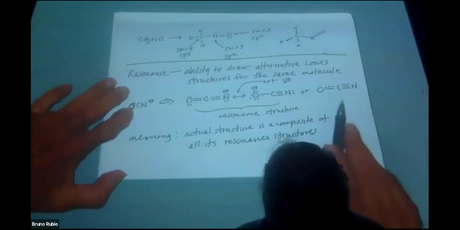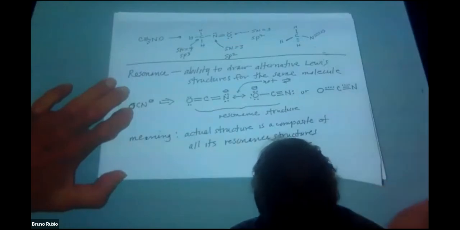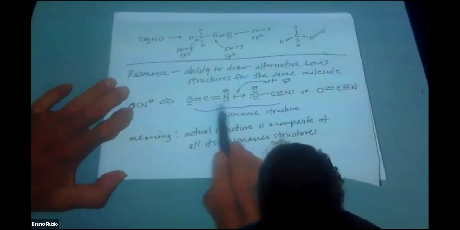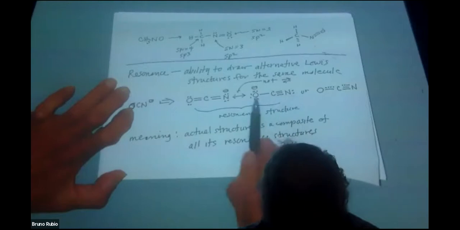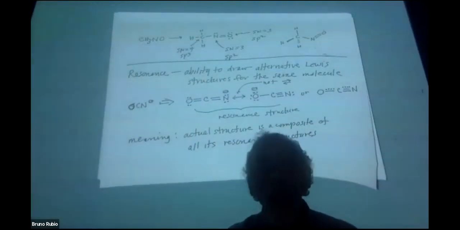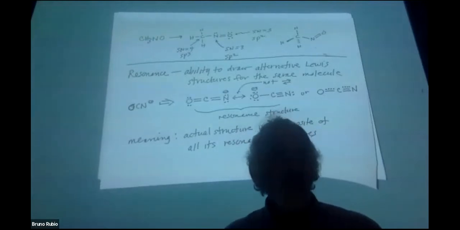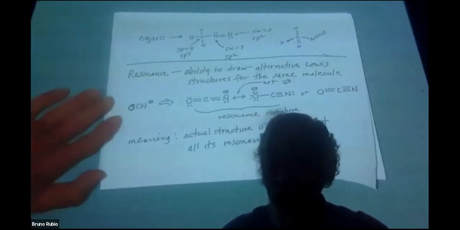Okay, now there's another crisis to deal with here, and that is the location of the negative charge. This resonance structure is saying the negative charge resides on nitrogen. This resonance structure is saying the negative charge resides on oxygen. So which is it? Is the negative charge on oxygen or on nitrogen? It's on both of them at the same time. The actual structure of the molecule is a composite of its resonance structures.